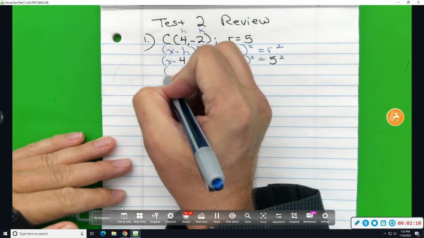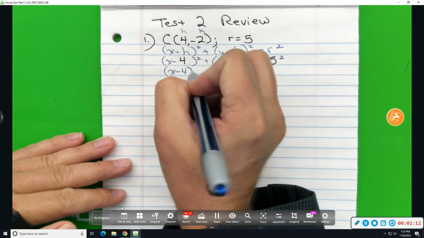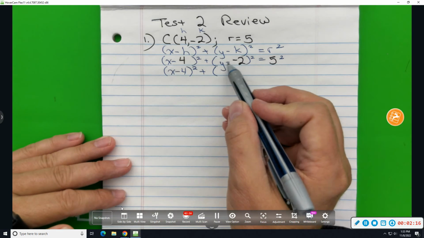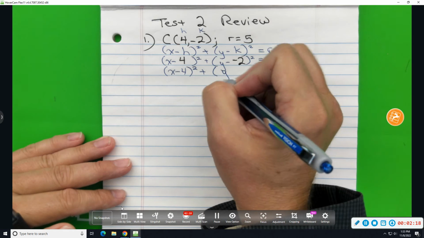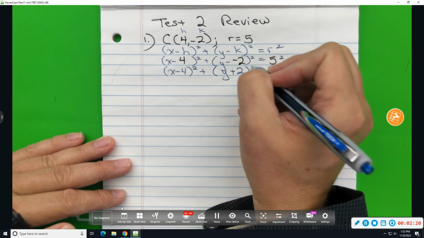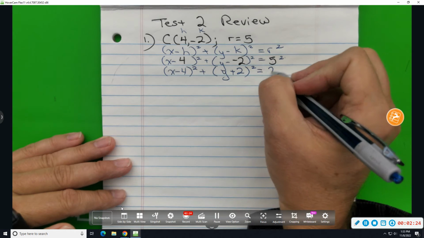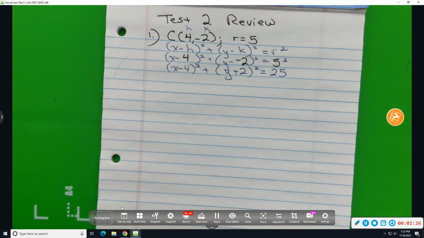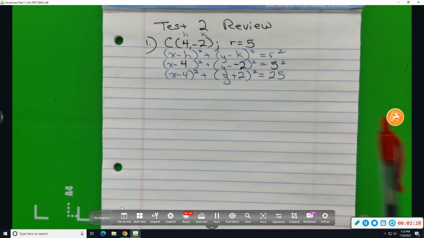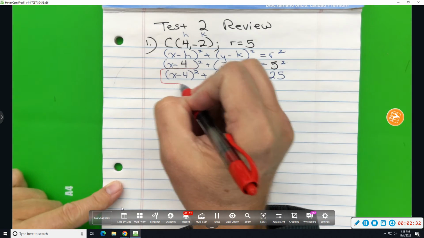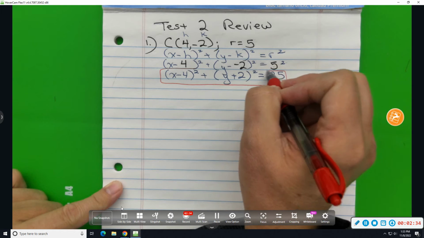It'll be x minus 4 quantity squared plus, now the y minus the -2, that's a y plus 2 quantity squared equals 5 squared is 25. So there's my center radius form that I have to type into my lab.